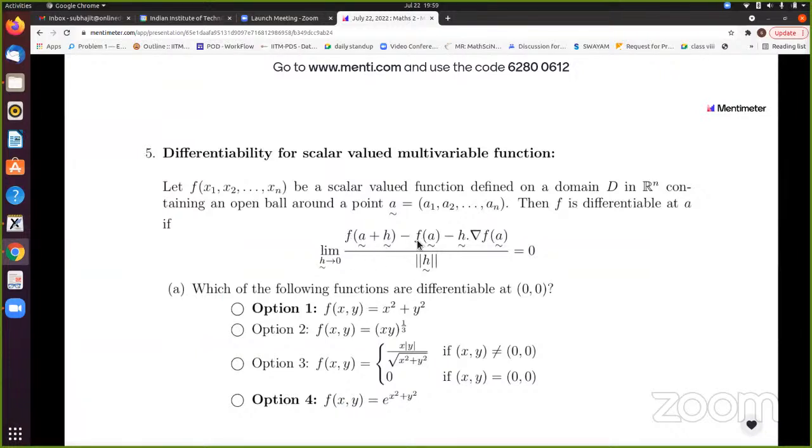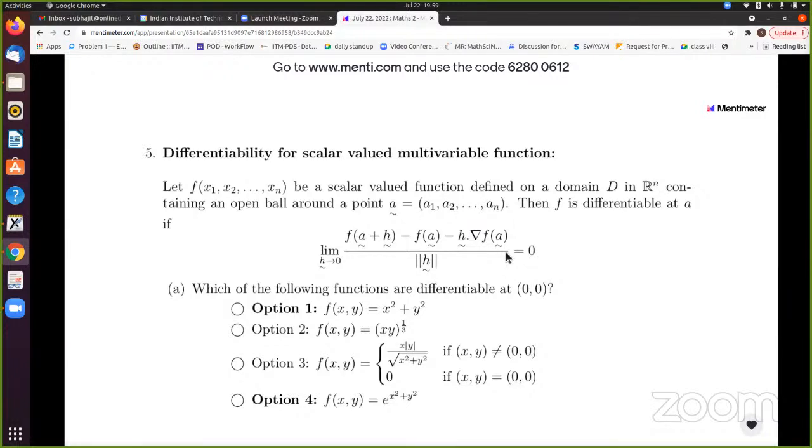A plus h minus f of a. So h is a vector; what I have written as h1 comma h2 is basically the same thing. And then you have to take the norm to be 0. The distance of the new point from the point a comma b should be minimized so that the linear approximation gives less error.